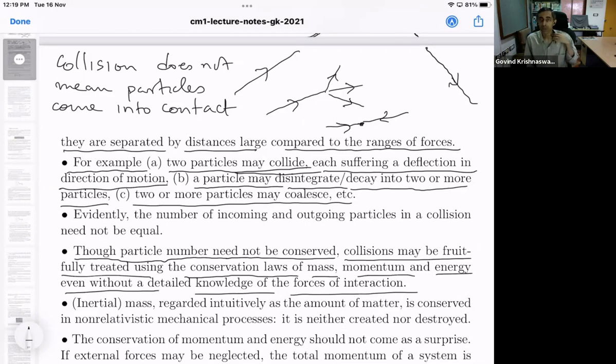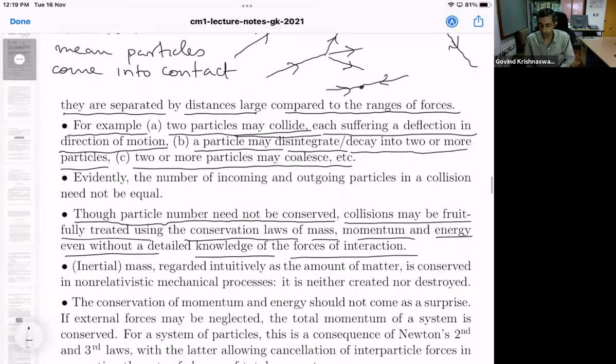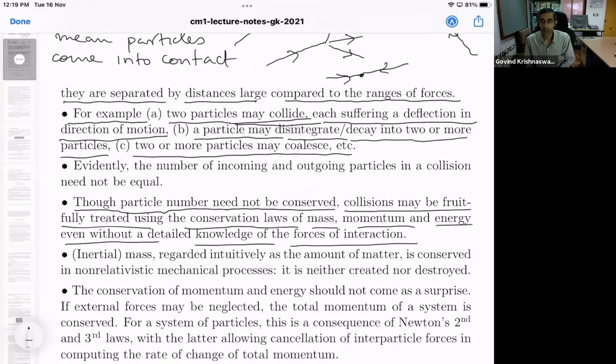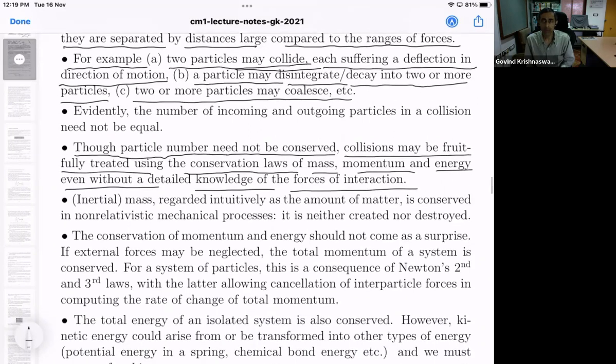Okay, so if you know the force of interaction, you will try to solve the equations of motion, trying to find the trajectories, and that is a very interesting problem. But here we address the question, what can we say, even if we don't know the forces between the particles, but based purely on some conservation laws? It turns out that a fair bit can be said. Not everything, but some things can be said.